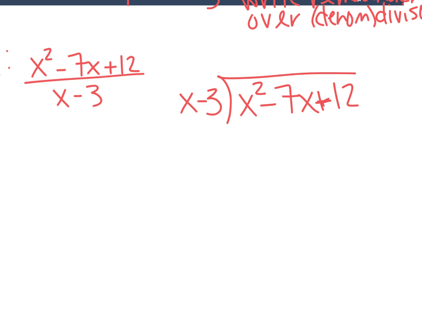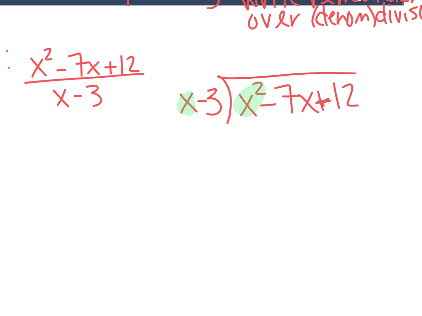Now we have to divide our leading terms. So this x is my leading term and this x squared. Remember, the leading term is going to be the one with the highest exponent. It's at the front. I don't want you to worry about that minus 3 right now. So we need to decide what do I need to multiply by x to get x squared?